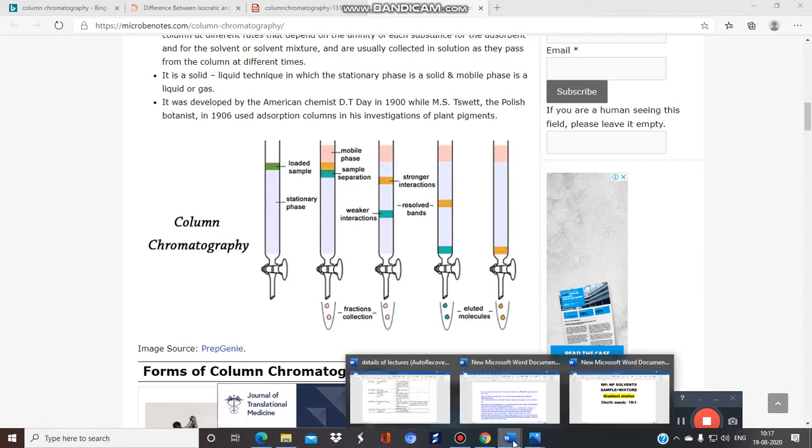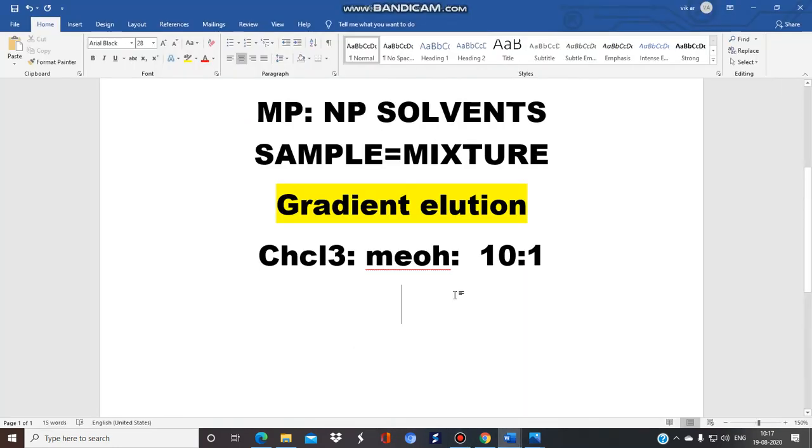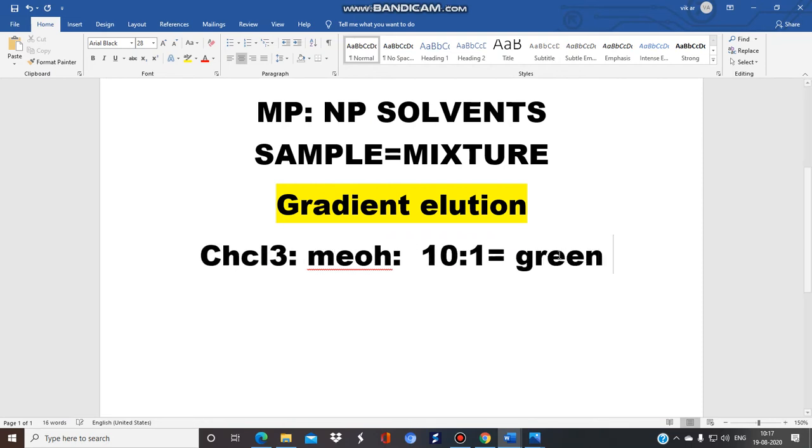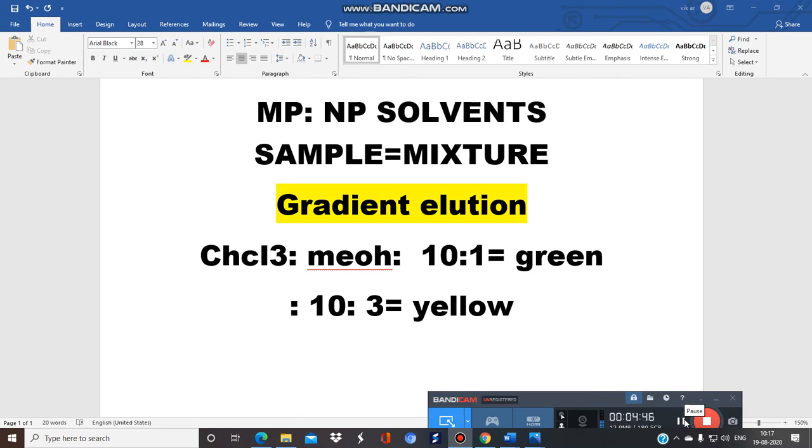So with 10:1 you will get your green compound. In the second case, you will increase the polarity of your mobile phase or solvent system, suppose to 10:3, and then you will elute your yellow compound. In this way, in gradient elution we increase the polarity of the mobile phase.